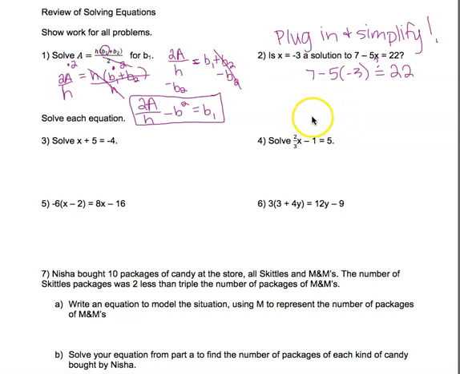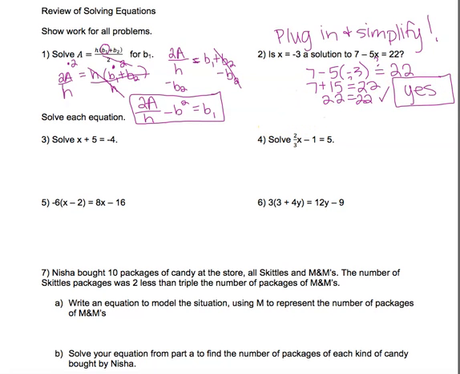So order of operations, PEMDAS, I have to do multiplication before subtraction here. So don't do 7 minus 5. You have to do the multiplication first. -5 times -3 is positive 15. And so then 7 plus 15 is 22. Since this is a true statement, that means that yes, -3 is a solution to that equation.